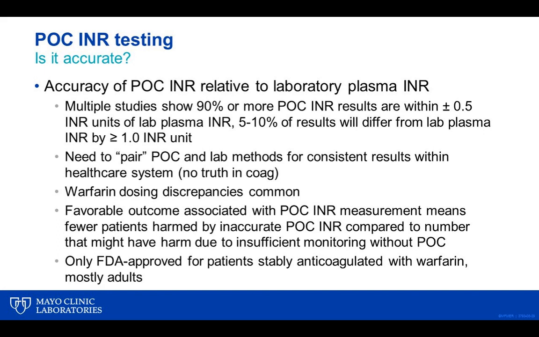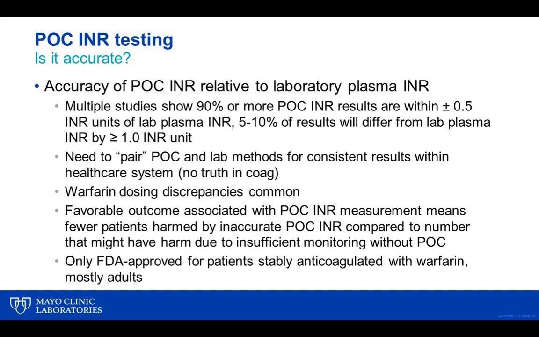Even with the best INR methods for point-of-care, there are discrepancies, and warfarin dosing discrepancies are fairly common, where the point-of-care gives you a 2.5 that would lead to one dose of warfarin, and the lab says 2.2, which would lead to a different dose of warfarin.